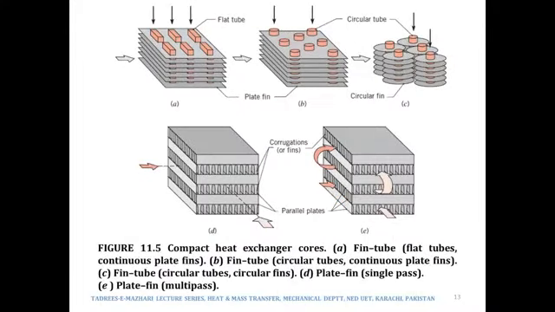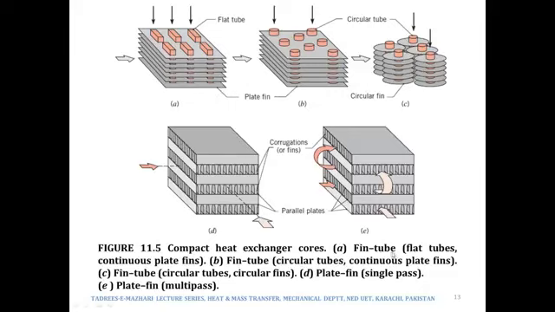The next figure, 11.5 of our book, talks about compact heat exchangers. Compact heat exchangers are those that are compact, and the definition of compact is in terms of area, which we will see in a bit, and they are used for higher rates of heat transfer. There are various types being shown over here.